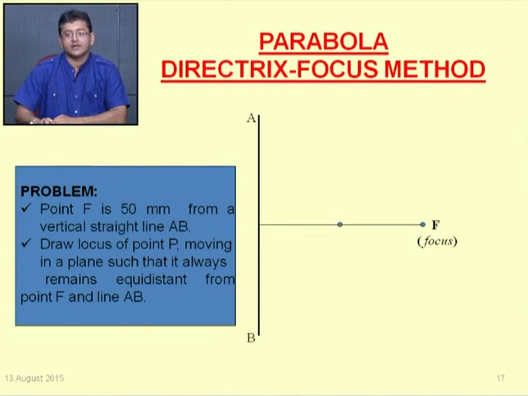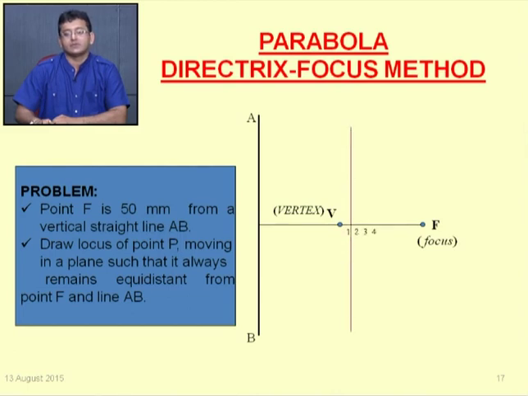Now locate point V such that it is at the same distance from the focus and from the directrix. So at 25 mm from the directrix or from the focus, locate point V, which we know as the vertex.